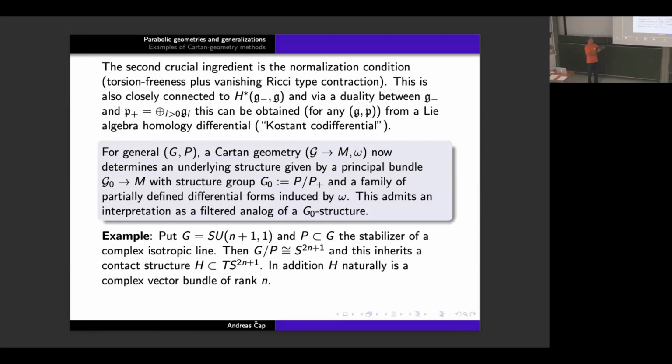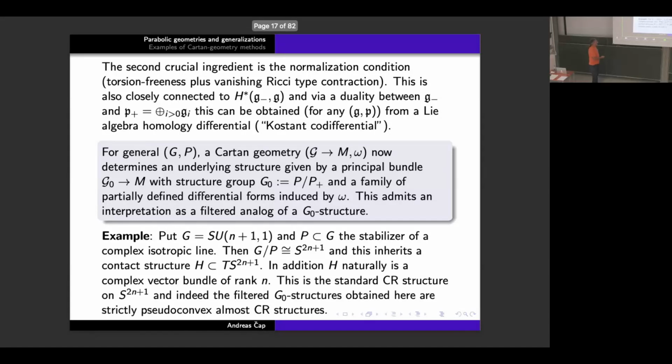And this is now exactly what the general filtered G structure looks like. Contact structure plus almost complex structure on the contact subbundle with a certain compatibility condition. So what you get is the standard CR structure on the round sphere of odd dimension.